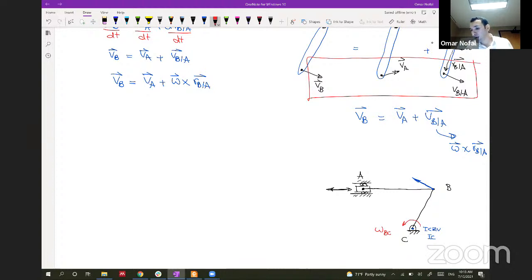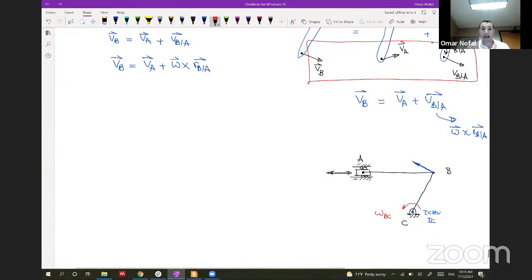As we learned last time, if we want to get the velocity at the end point, we multiply the omega cross product by the R BC, and the velocity will be perpendicular like this. So this is VB with respect to C, and actually this is equal to VB.